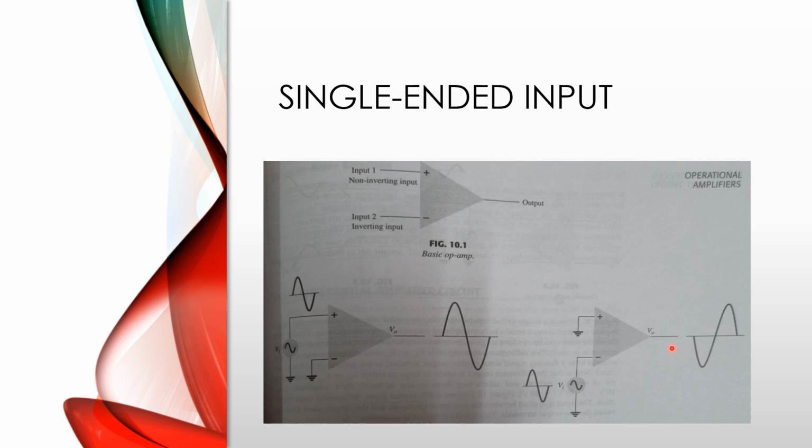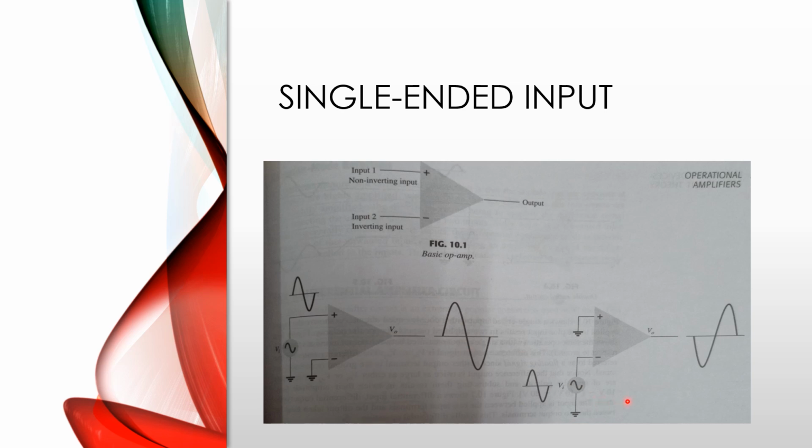Single-ended input operation results when the input signal is connected to one input with the other input connected to the ground. This figure shows the signals connected for this operation. The input is applied to the plus terminal, that means the non-inverting input terminal, which results in an output having the same polarity as the applied input signal.